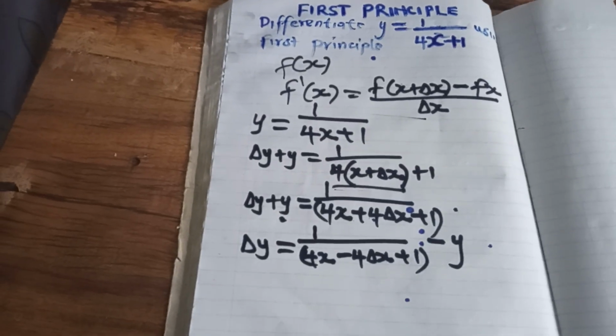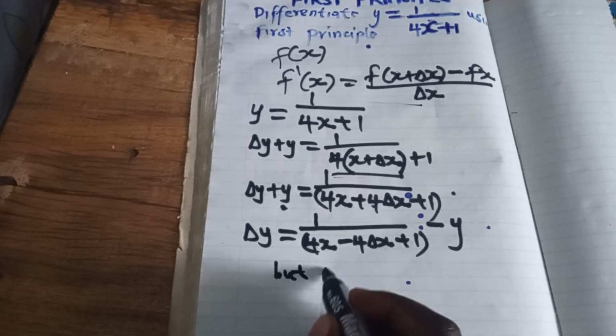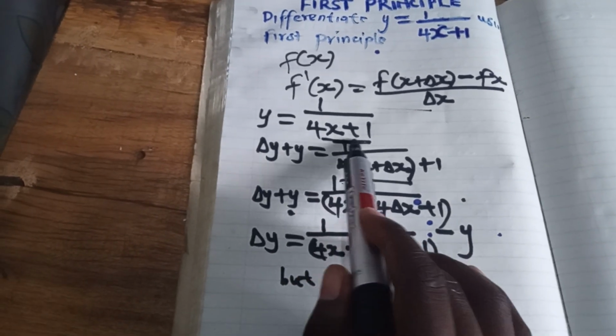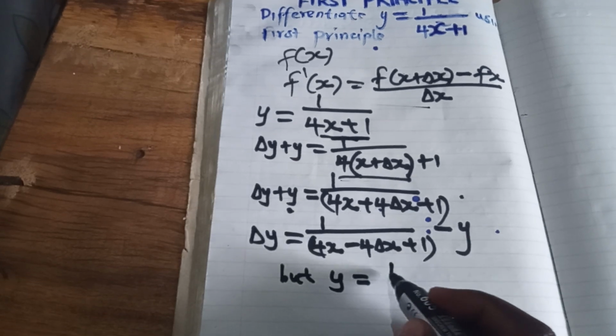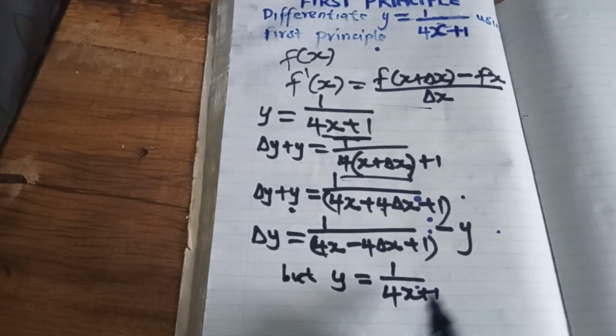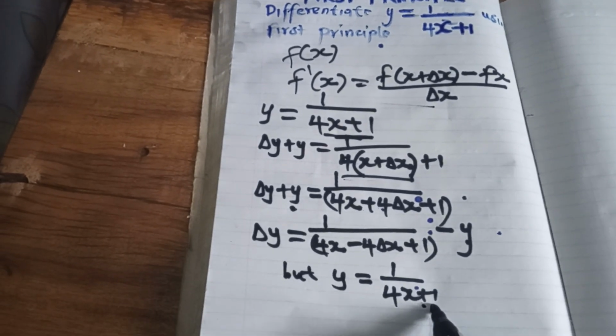In doing that, we have to recall the value of y. Y is 1 over 4x plus 1. So we replace the value of y by 1 over 4x plus 1.